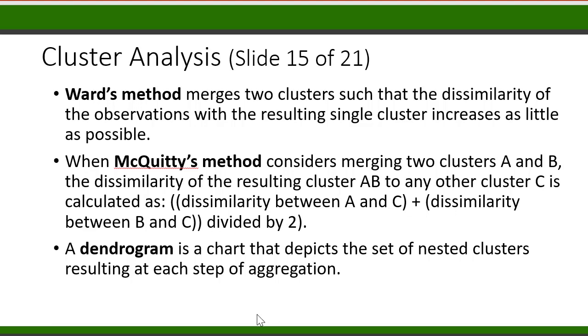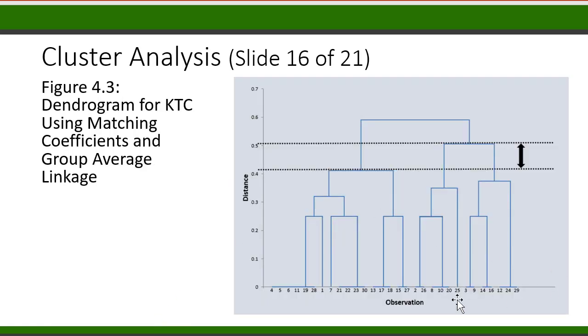And we can depict these things in something called a dendrogram. It depicts the nested clusters and how we're grouping them at each step of the aggregation. So look at this grouping that we have here in this slide, or dendrogram.